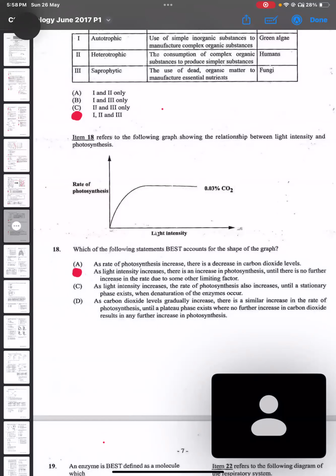If it had asked which substance increases photosynthesis, you could say carbon dioxide, because that is why they put it here. Because the carbon dioxide is limited, the light intensity doesn't matter anymore, because it just levels off like that. That is if they had changed the question, but because it's the same question, this is your answer.